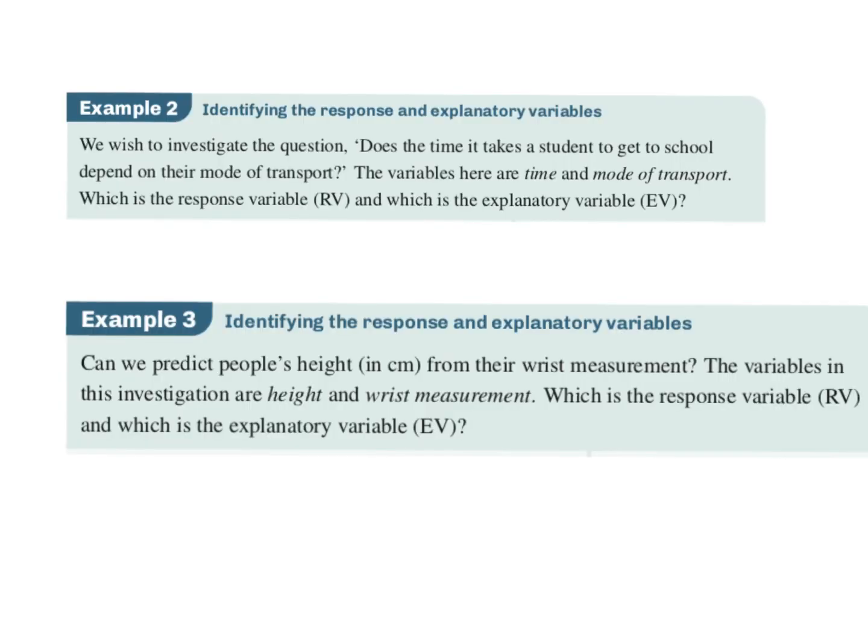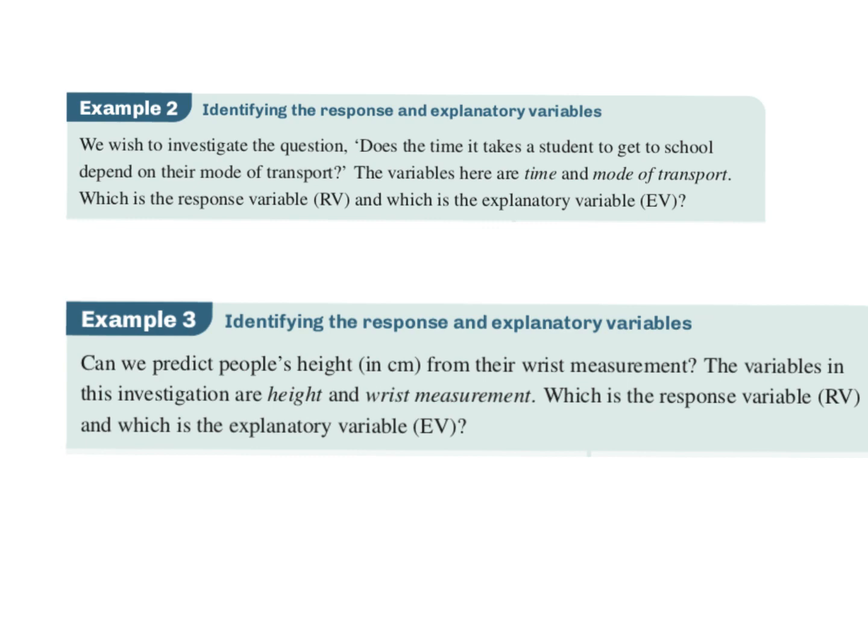So if I just go to this first, chapter 2A is all about deciding which one is the explanatory and which one is the response, because it's very important when we start doing other calculations that we get it right. Let's have a look at this one. Example 2. We wish to investigate the question, does the time it takes a student to get to school depend on their mode of transport?